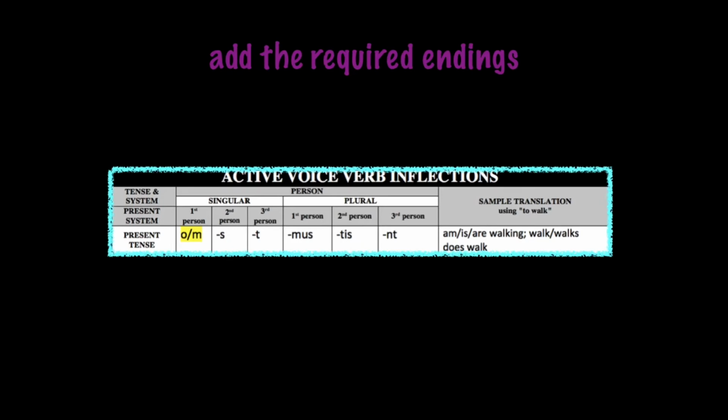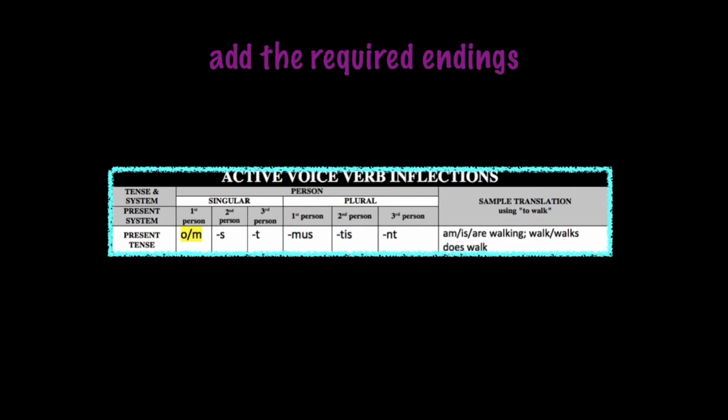When we have to write a Latin verb in the first person singular form of the present tense, all we need to do is write the first principal part, or the first word of the entry for the verb on the vocabulary list.